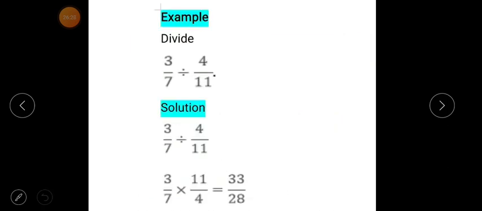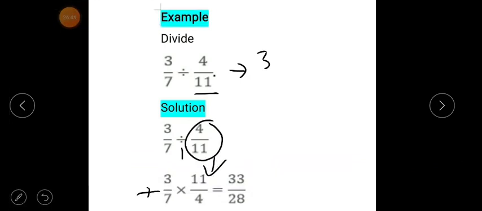Here you can see 3 upon 7 is divided by 4 upon 11. This would be converted to 3 upon 7 multiplied by the reciprocal of 4 upon 11. Here the sign is changed. Divide changes to multiply, and this changes to its reciprocal, and the answer will be 33 upon 28.